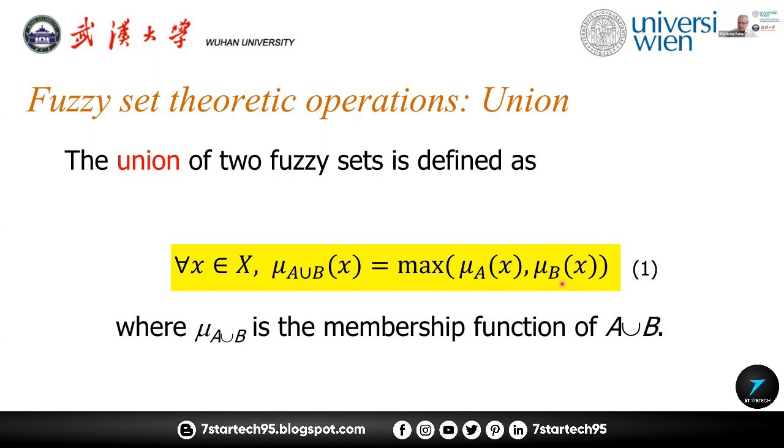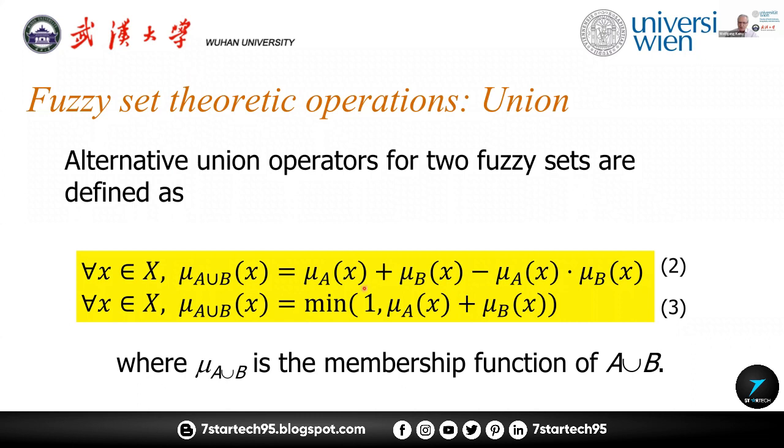And even if it's 0.5 and 0.5, or 0.5 and 1, it is always between 0 and 1. And also in these cases here, if we take the extreme and say, for example, that the membership value for both are 1, then we would have 1 plus 1 minus 1 times 1. So 1 plus 1 is 2, minus 1 is again 1.